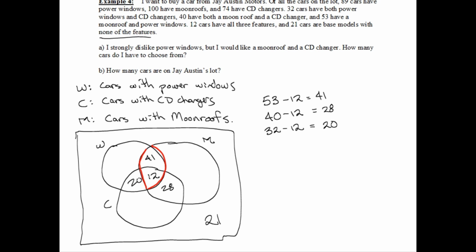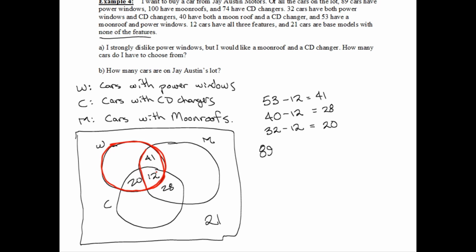Okay, now we go back to the beginning. 89 have power windows. So if I take that 89 that have power windows, now if you look at your little circle for your power windows, before we couldn't fill in any of these because we had 4 areas and we only had 1 number.